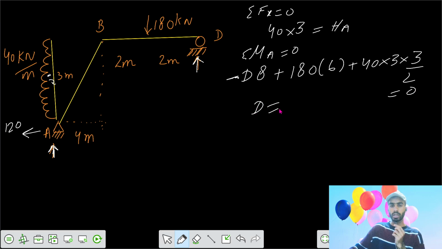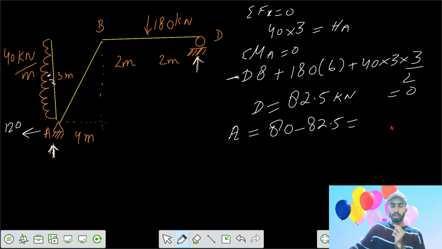So your reaction at D becomes 82.5 kilonewton. So we can write summation Fy equals 0. Then A would be equal to 80 minus 82.5 equals minus 2.5 kilonewton.